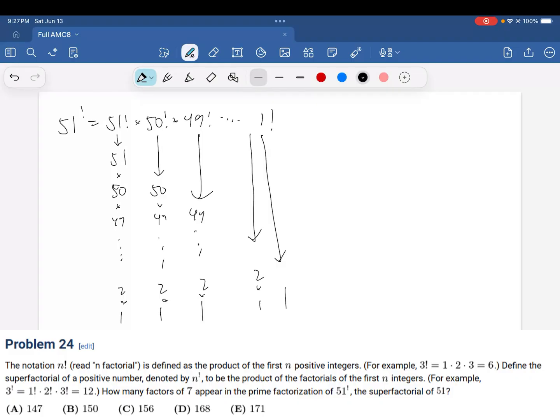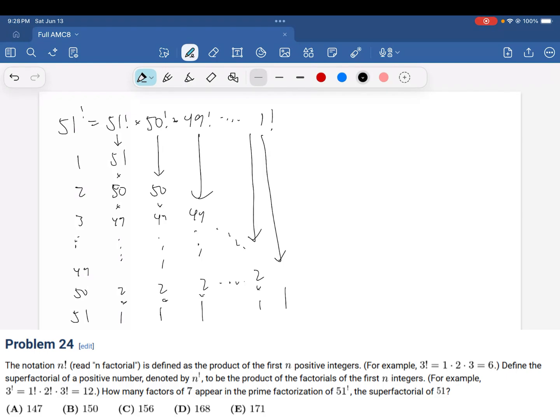So if you notice, this makes a triangle of numbers where there are 51 ones, 50 twos, 49 threes, and so on until there are 3 of these, 2 and 1.